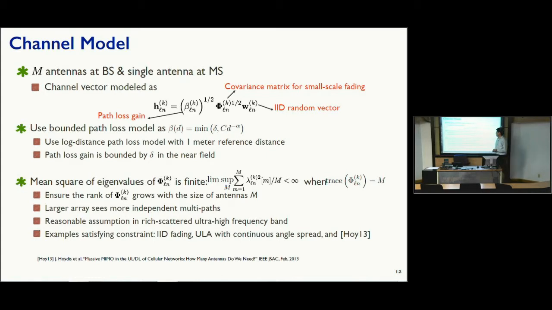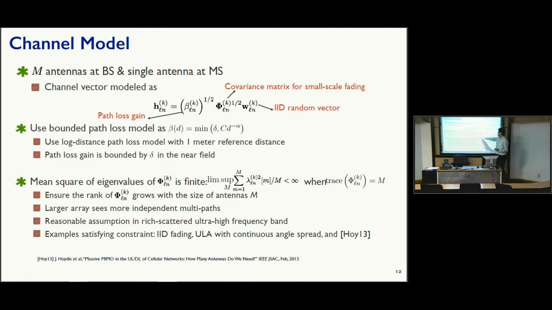And we also consider a constant beta, which upper bounds the total path loss, taking into account the near-field effect of the path loss. And for small-scale fading, we consider a correlated fading channel. Here, the matrix Phi is the covariance matrix of the small-scale fading, and W we consider is an i.i.d. Gaussian vector, which represents Rayleigh fading.